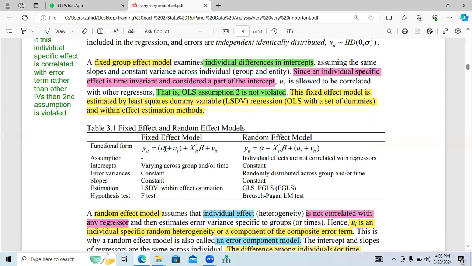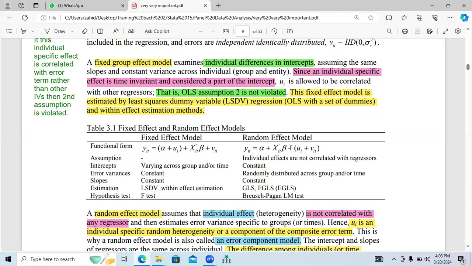A is basically the beta naught, the first part of your model, while U_i is basically the cross-sectional effect or time series effect on your constant term. So in case of fixed effect model, there might be a fixed effect of cross sections or time series on your constant term.